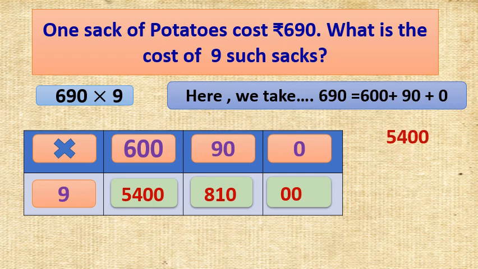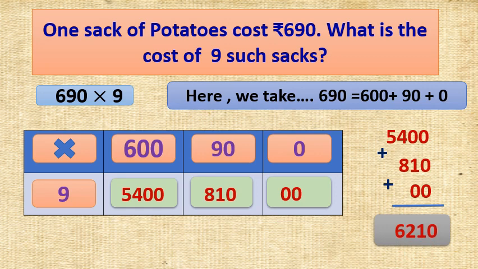So we will add these three numbers. 5400 plus 810 plus 0. If you want to add 0 then add, otherwise if you leave it, nothing happens. The value will remain same. The answer is, in the unit place 0 is there, in the tens place 1, and in the hundreds place it became 12. So 6210 is the answer.